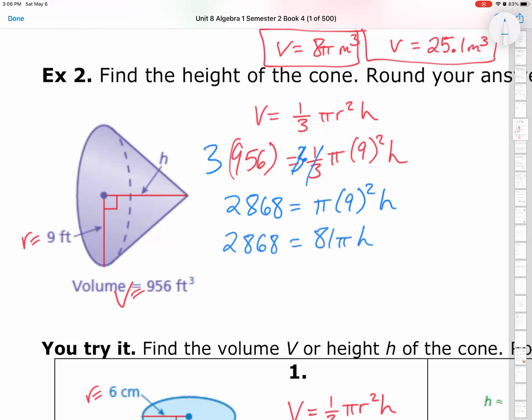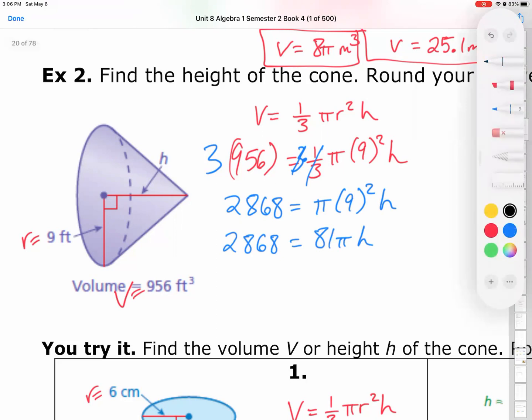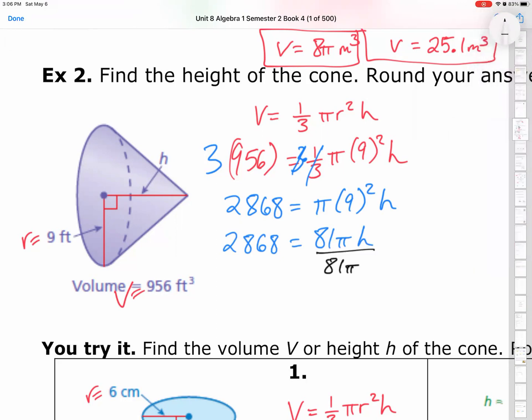Then naturally you would divide by 81 pi. 81 cancels, pi cancels, leaving you just h equals 11.3 feet.